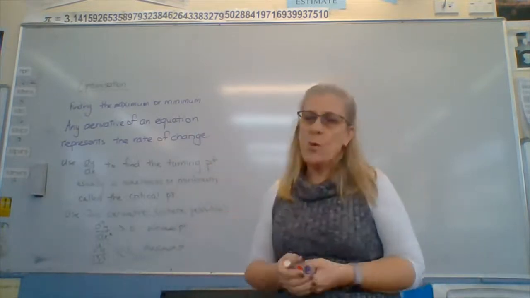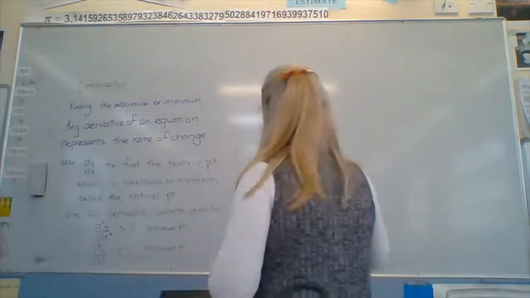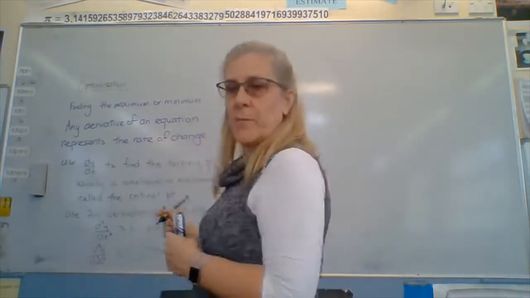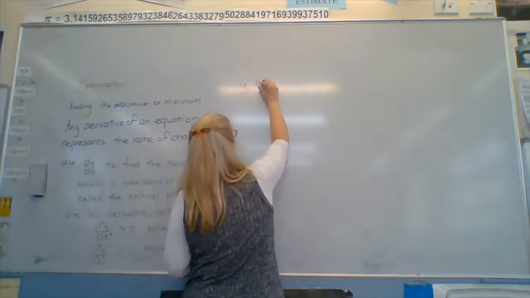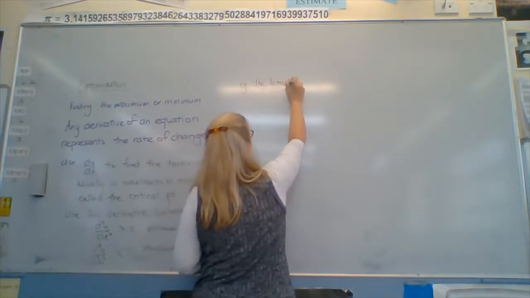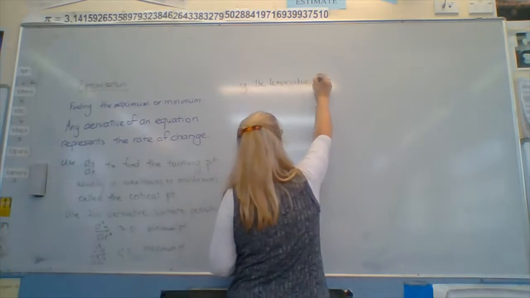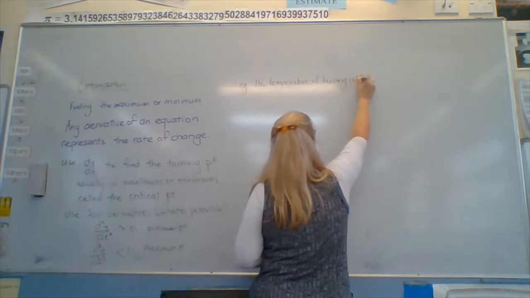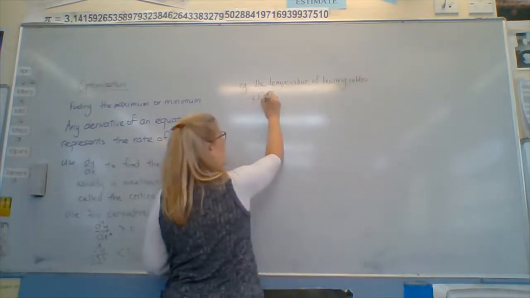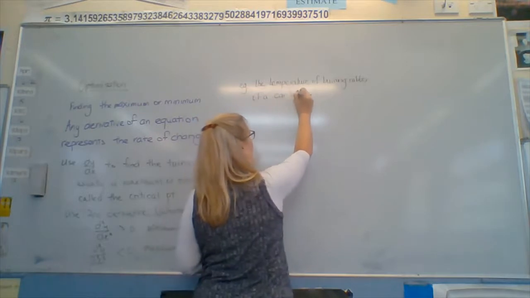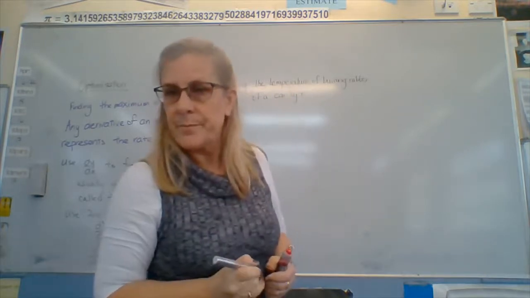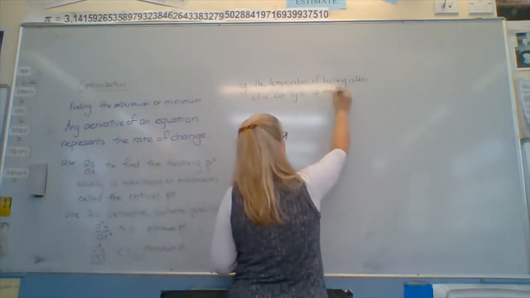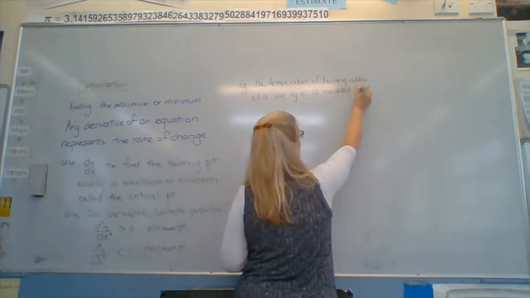Okay, so that sets out what we actually have to do. So let's have a look at an example of what kind of thing we're looking at. The temperature of burning rubber on a car tire is modelled by, modelled means it's not an exact thing, but it's close enough that we can be happy using a model.